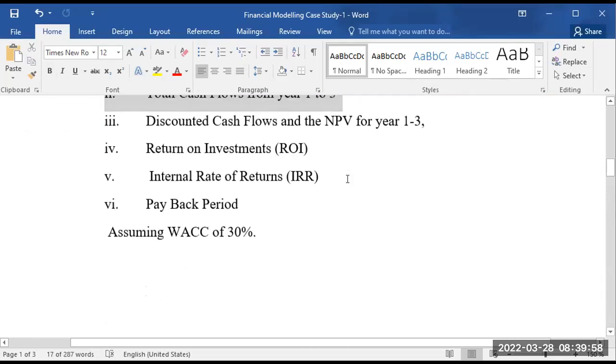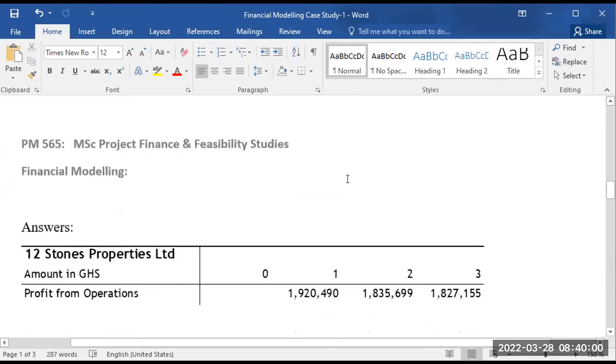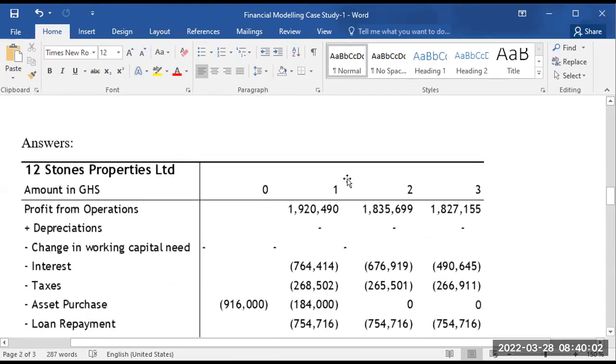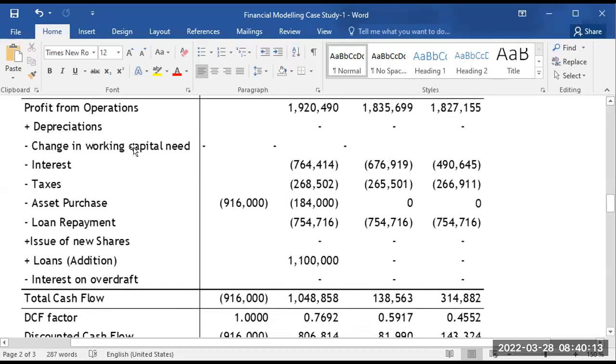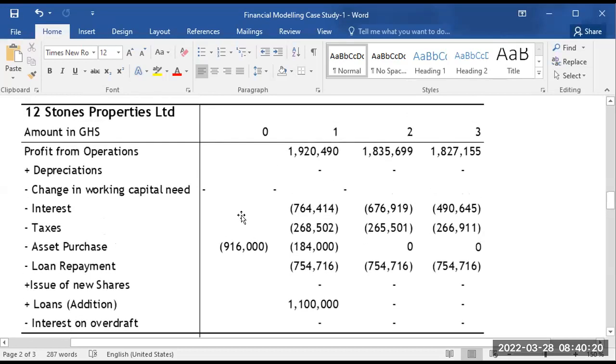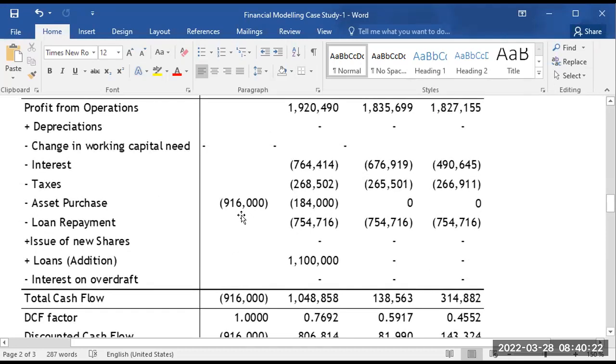I think your lecturer has done that already and extracted this from the spreadsheet. There's no way you can just come straight to get these figures without going through the spreadsheet. So this is an extraction from the spreadsheet, and in a few moments, I'll show you the spreadsheet solution.